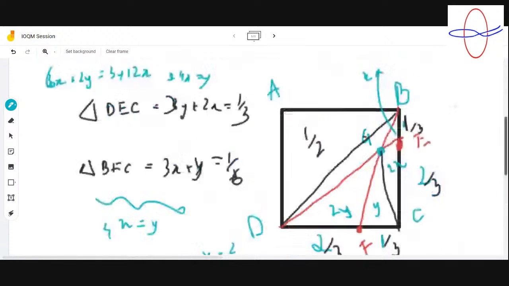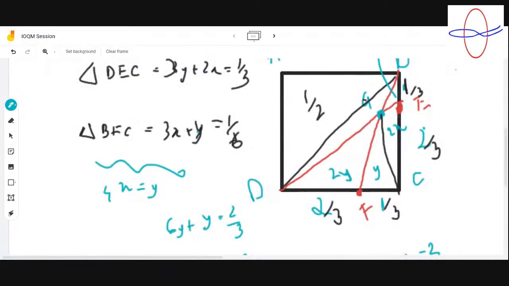Now, let us understand, therefore, what is this area? It's thrice x plus y, right? We need to subtract this thrice x plus y area from the whole area to get this area.